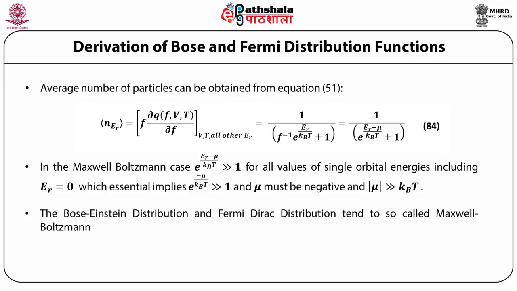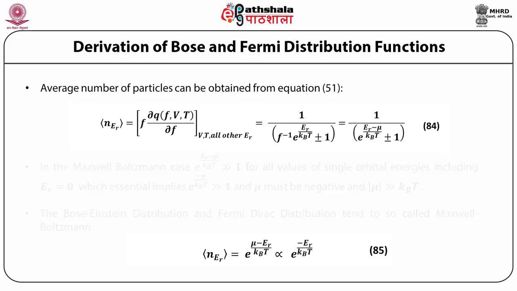The Bose-Einstein and Fermi-Dirac distributions then tend to the so-called Maxwell-Boltzmann distribution, which is nothing but mean value of n er is equal to e raised to power mu minus er upon kBT, which is proportional to e raised to power minus er upon kBT.